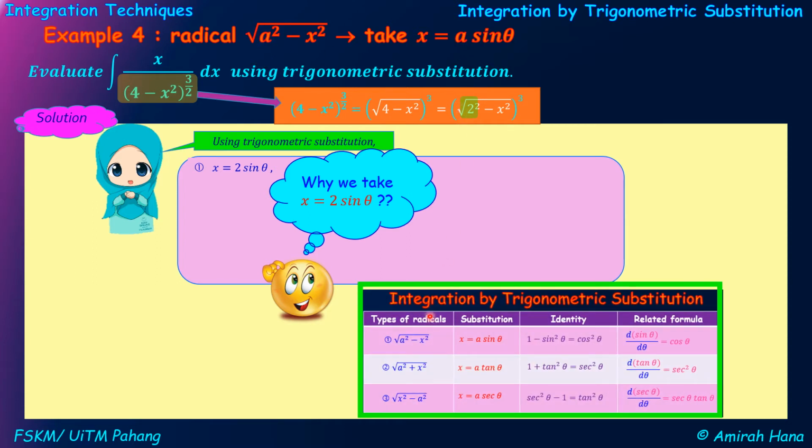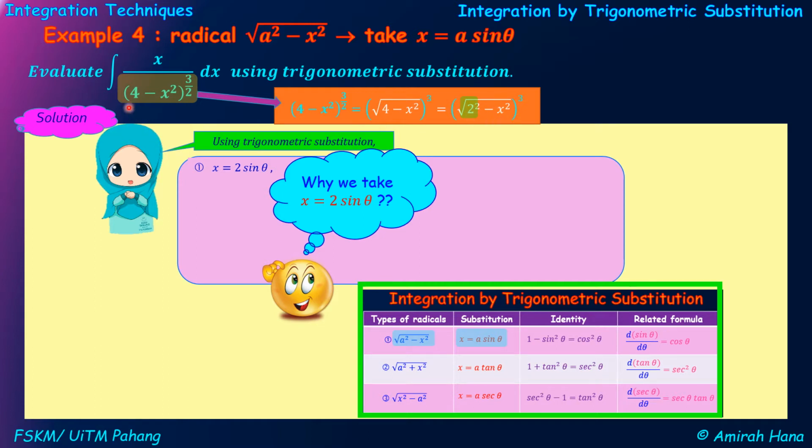From integration by trigonometric substitution, if we have the radical square root of a squared minus x squared, we need to take x equals a sine theta. Now our a equals 2, so that's why we take x equals 2 sine theta, because we have a term containing the square root of 2 squared minus x squared.